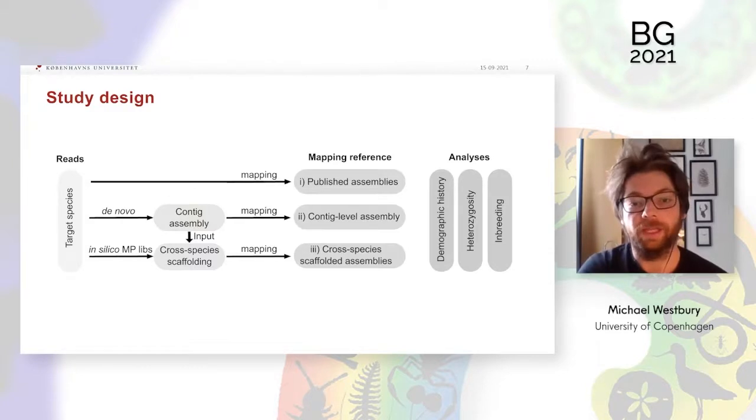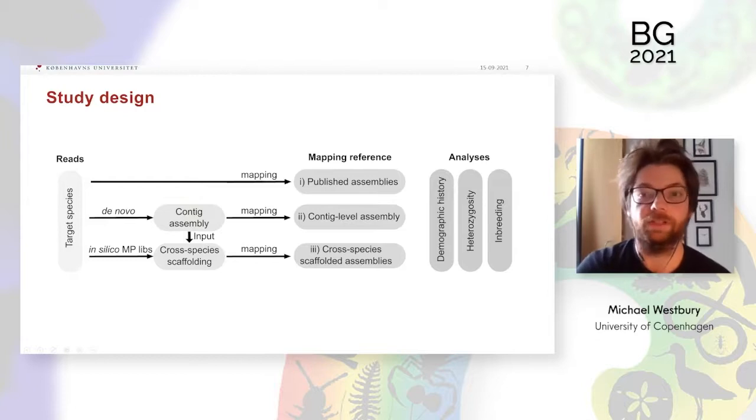And so we ended up with essentially a beluga or a roe kiwi assembly, but the distance information was slightly different. Then we mapped to these cross-species scaffold assemblies and conducted the same sort of analyses and compared that to mapping just to the published assemblies.